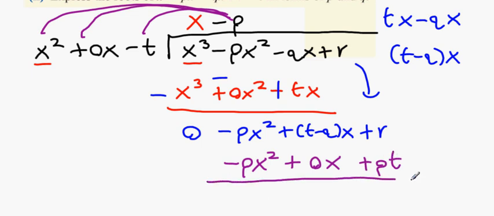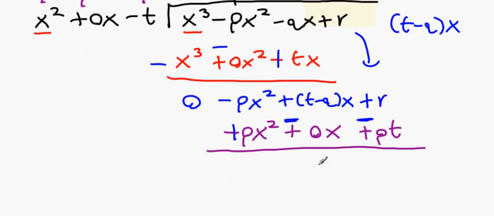And what's going to happen is we've got to change the signs, so that's going to be plus, that's going to be a minus, and this one's going to be a minus. Because it's a factor, it divides equally, so everything here equals 0.